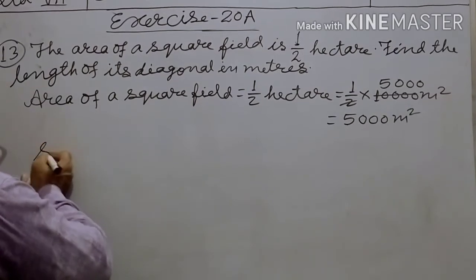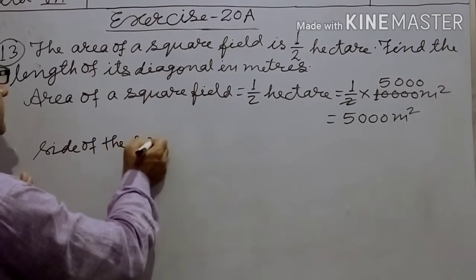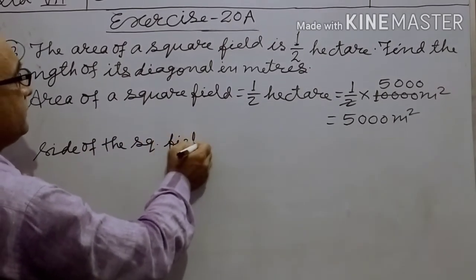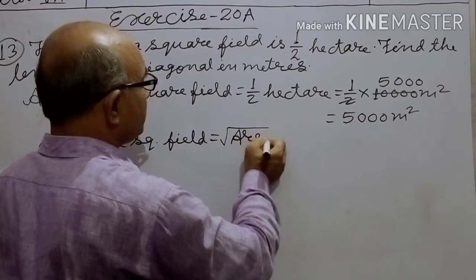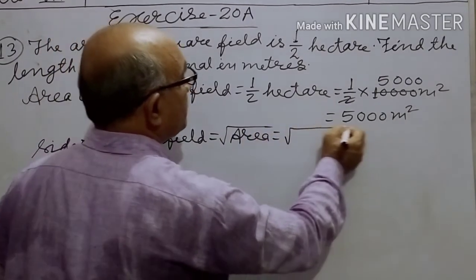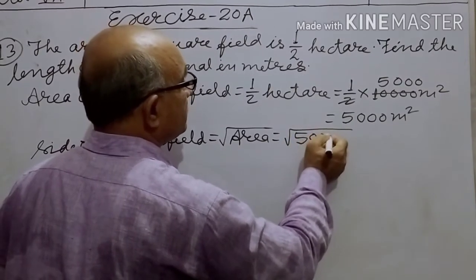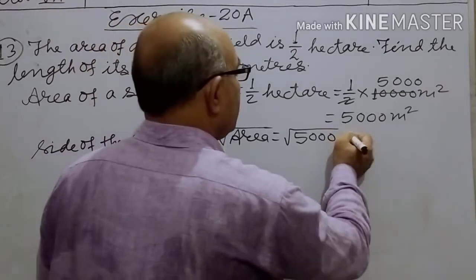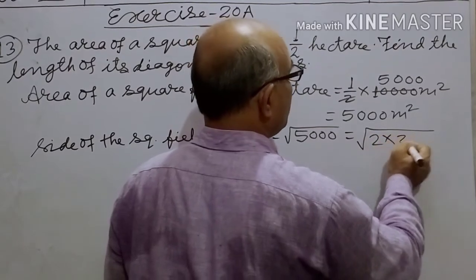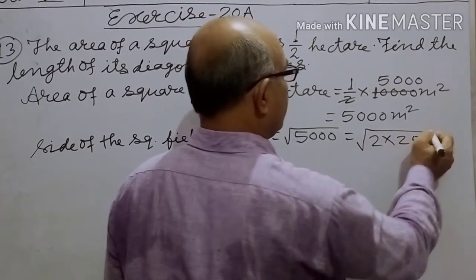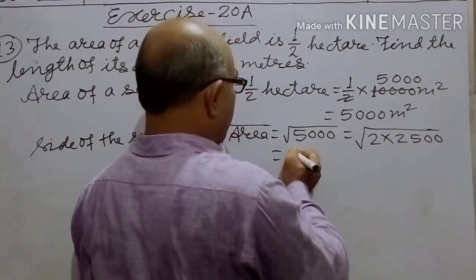So side of the square field is under root area, equal to under root 5,000, equal to 5,000 written as 2 into 2,500, equal to the square root of 2,500 is 50.